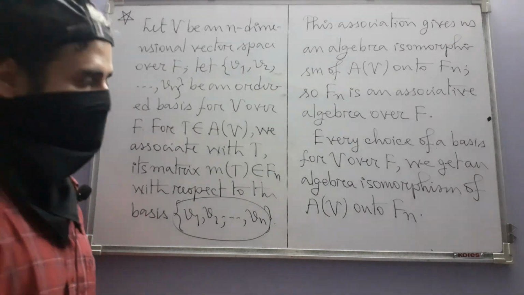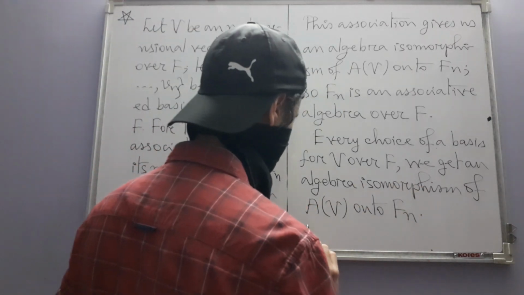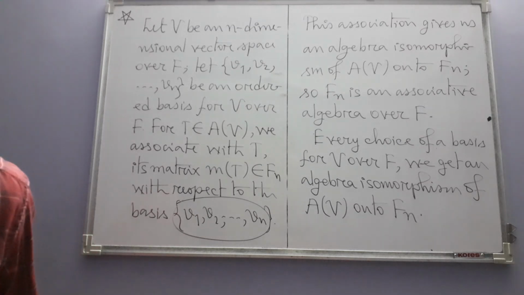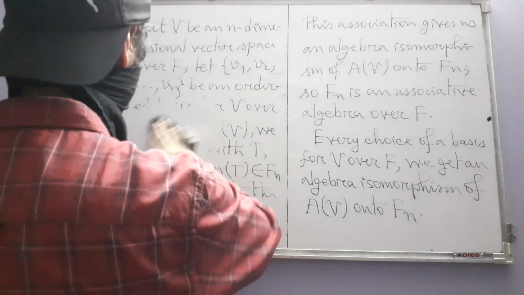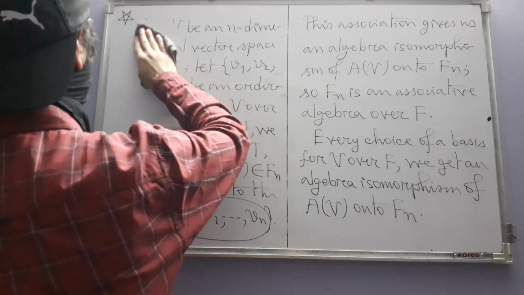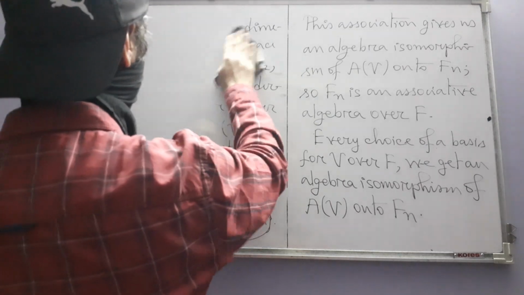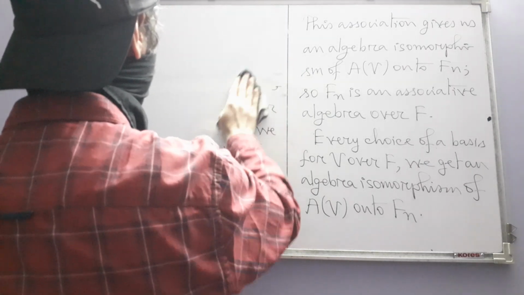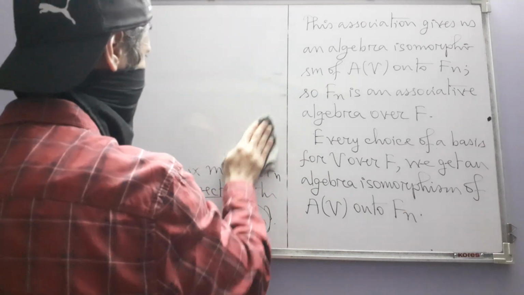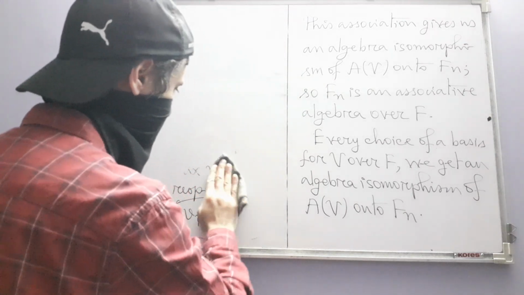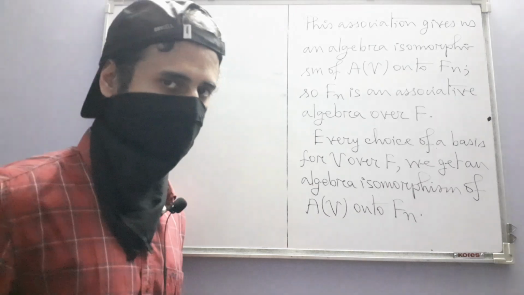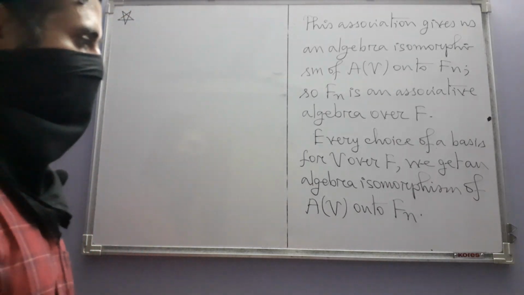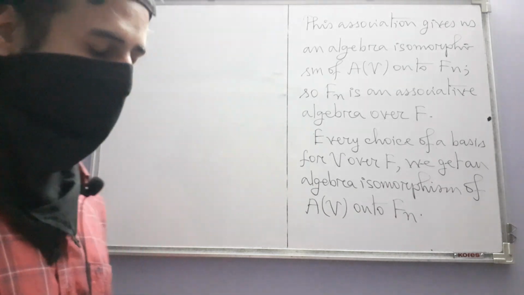And this Fn has a name also, because now we have understood that it is also an algebra. It's called the algebra of n by n matrices over F. It's of course understood why we choose to call it so, because its elements are matrices, so it's the algebra of matrices, or matrix algebra in short.